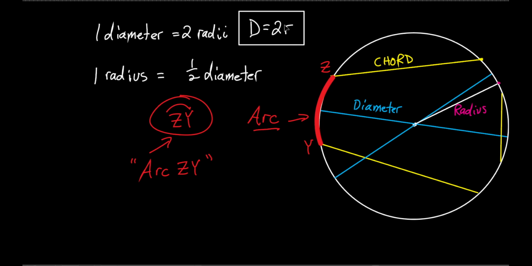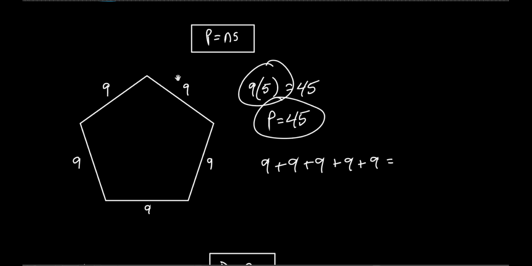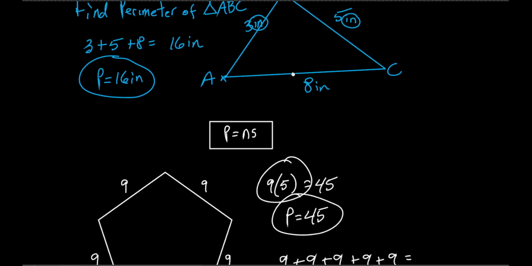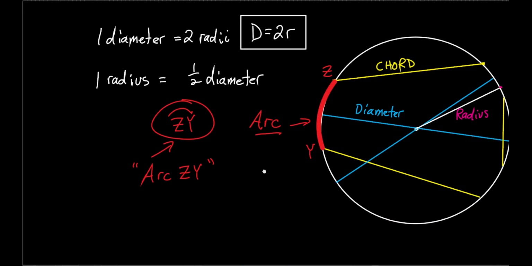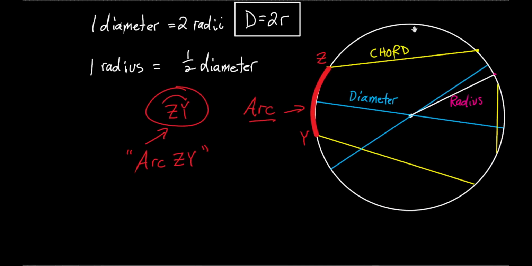Let's see. We talked about perimeter earlier, didn't we? It's the distance around something, okay? So, is this a closed figure? That circle? Yeah, that's a closed figure. So what we want to do is find the distance around the whole entire circle. So, let's just start at this point right here.